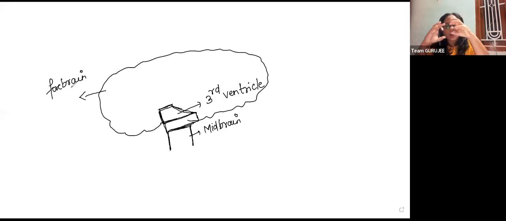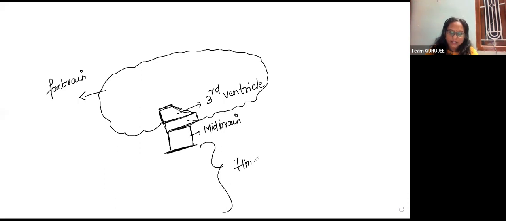The midbrain is not having any division. It is just a midbrain, as I have shown here. So down to the midbrain, whatever portion you got, that is your pons, medulla, and your cerebellum. They all were your hindbrain.